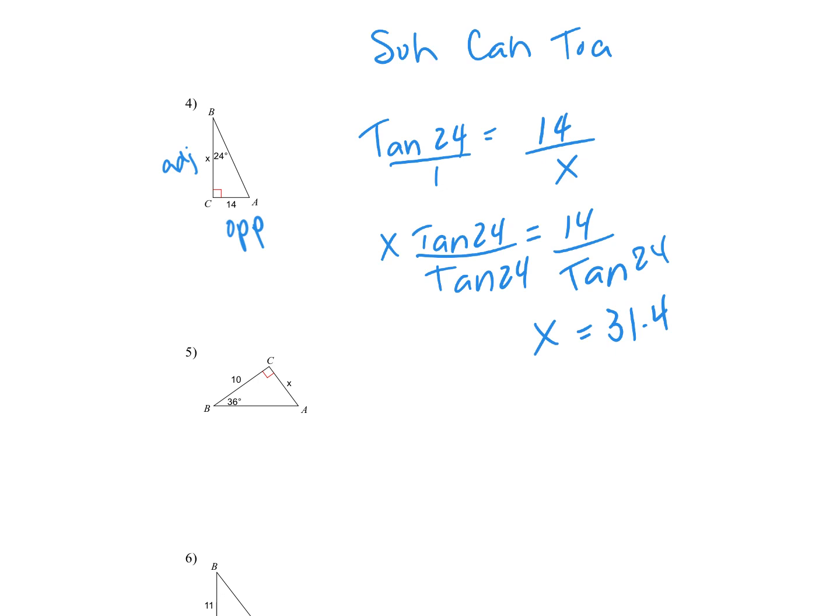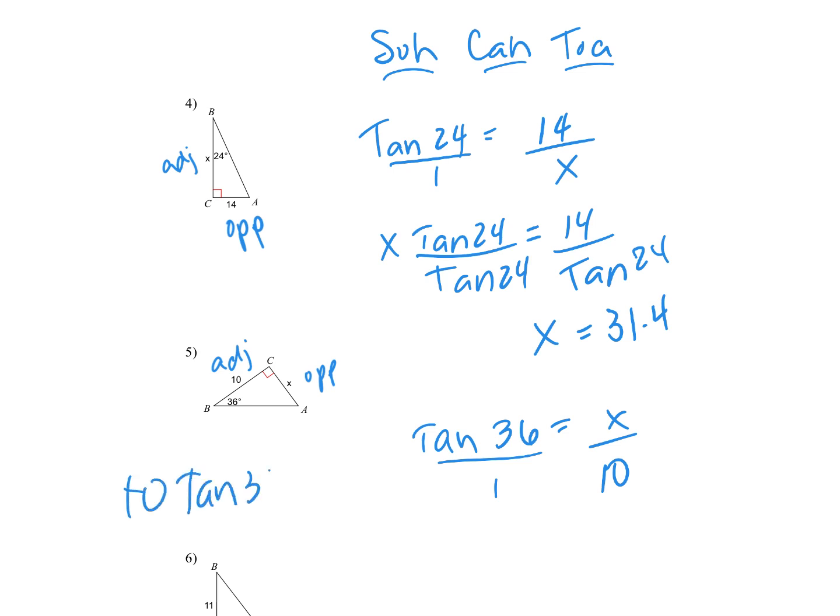The computer generated these, and they're all tangent, but they might not be on the test, so just pay attention to up here. This is the opposite, and this is the adjacent. So we have tangent of 36 equals x over 10. When we do 10 tangent of 36, we should get 7.3, and that is your answer. That equals x.